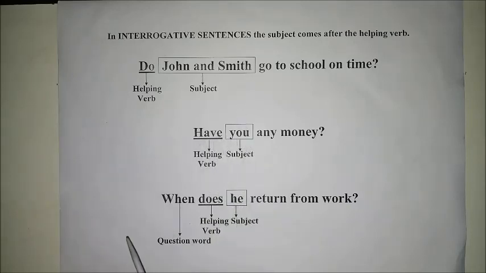Now see the example number 3. When does he return from work? In this sentence, the subject is he because the sentence is about he. The sentence here starts with the question word when. After that comes the helping verb does, and then after does comes the subject he.